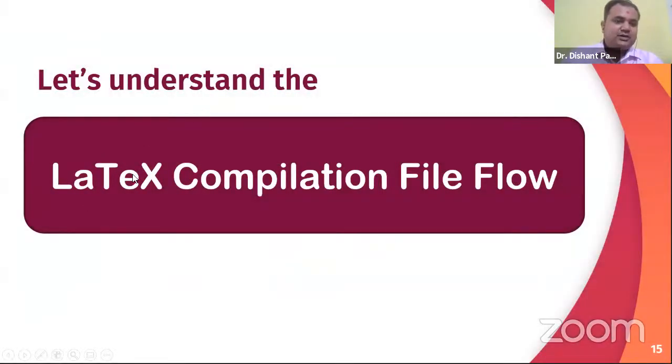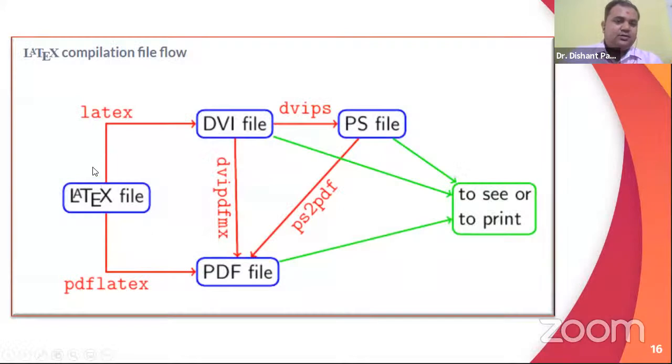By using the first option, latex, a DVI file will be created, and with the second option, a PDF file is created. The PDF file you can use directly: you can observe the output and also directly take a printout. So it is a straightforward one-way process: you just process your LaTeX file and get the PDF out.